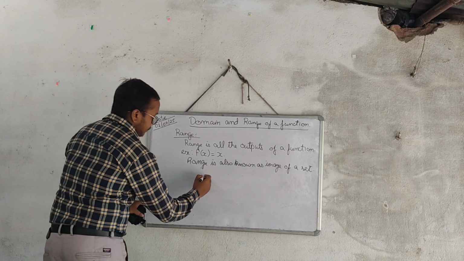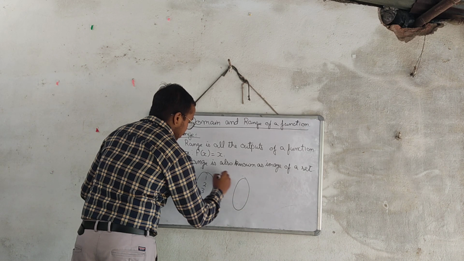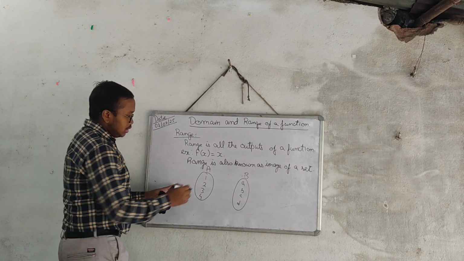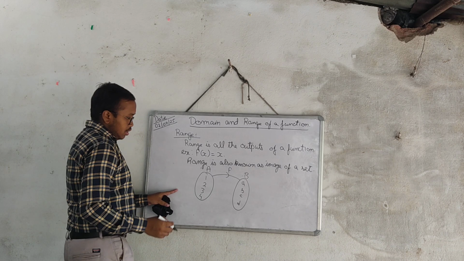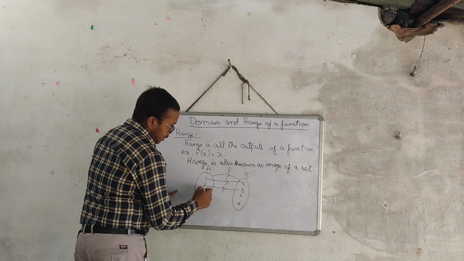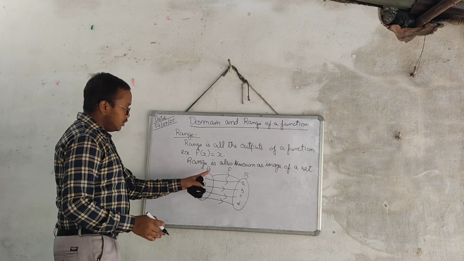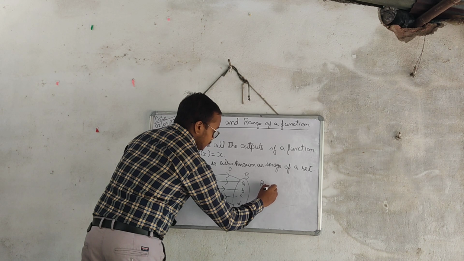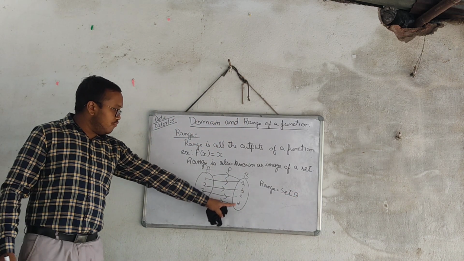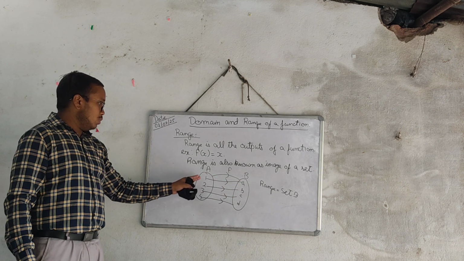Consider a set A to be 1, 2, 3, 4, and set B to be A, B, C, and D. Now see that this is a function. 1 has an image A, 2 has an image B, 3 has an image C, 4 has an image D. So here the range of this function will be equal to set B, because every element of set B, which is A, B, C, and D, has a pre-image in set A, which is 1, 2, 3, and 4.